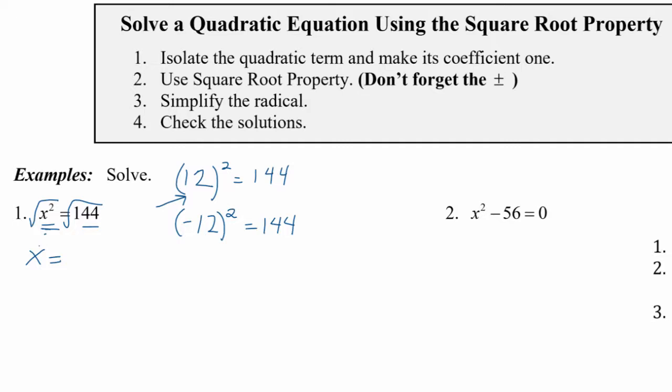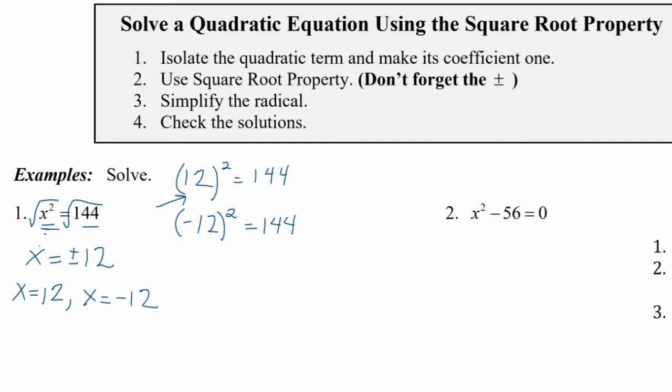This symbol, as soon as you put the radical and put the 144 under it, that represents that positive 12 answer. Okay? So in order to get the negative 12 answer, we are going to actually put a plus or minus in front of that square root. Okay? And then that will give us our two answers, our x equals positive 12 and our x equals negative 12.